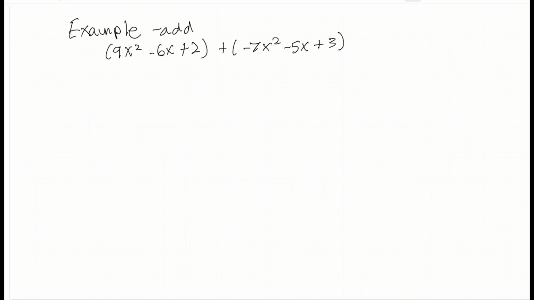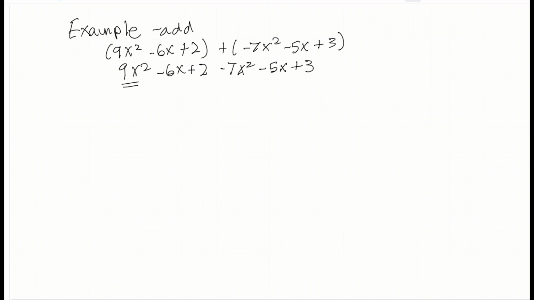First thing we want to do is get rid of the parentheses and just transfer that plus sign through and combine like terms. So we're going to get 9x squared minus 6x plus 2 minus 7x squared, and then minus 5x plus 3. Now let's combine like terms.